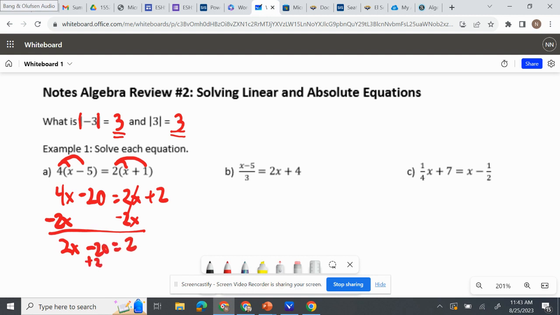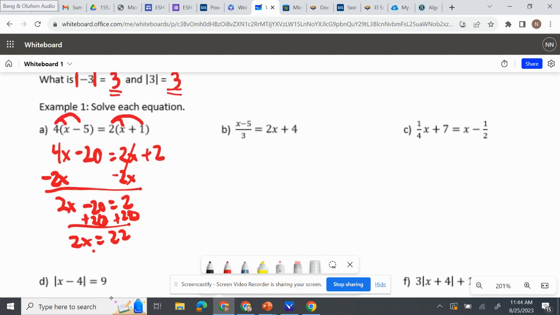Then I'm going to add the 20, and that gives me 2x is equal to 22. And then I'm going to divide by 2. So when I divide by 2, x is equal to 11.